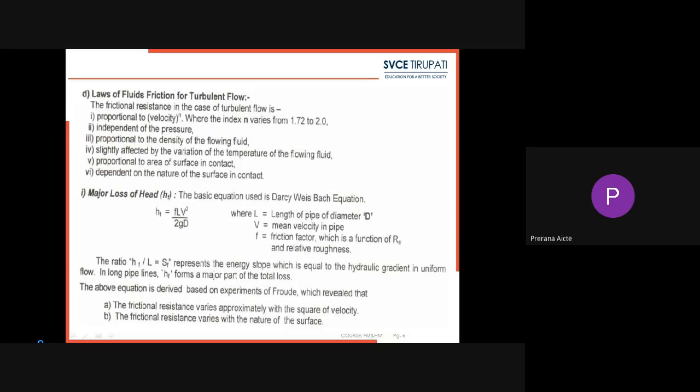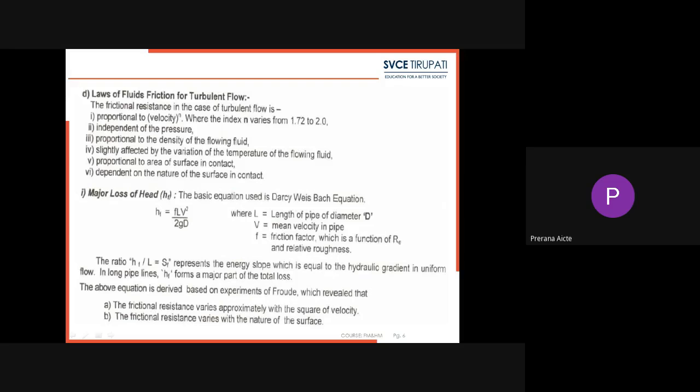This frictional resistance is independent of the pressure. It is proportional to the density of the flowing fluid, and slightly affected by variation of the temperature of the flowing fluid. It is proportional to the area of surface in contact, and it depends on the nature of the surface in contact. So these are the main laws to be remembered in case of turbulent flow.